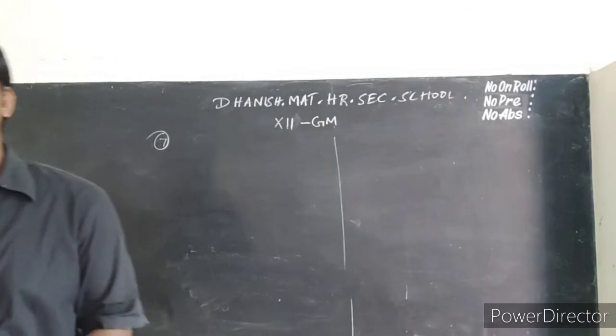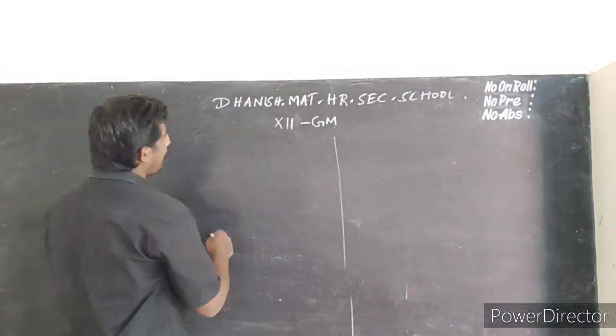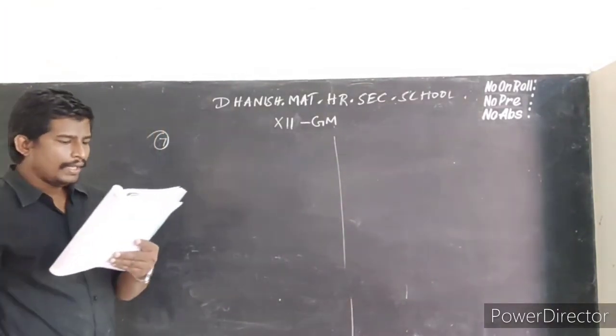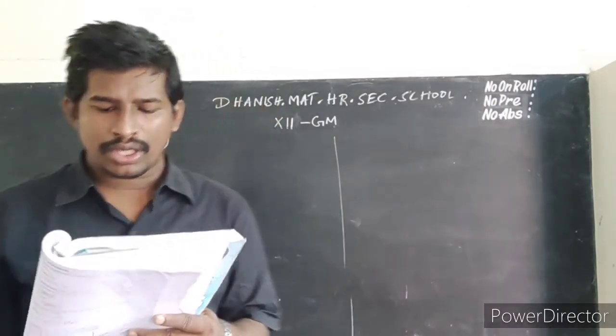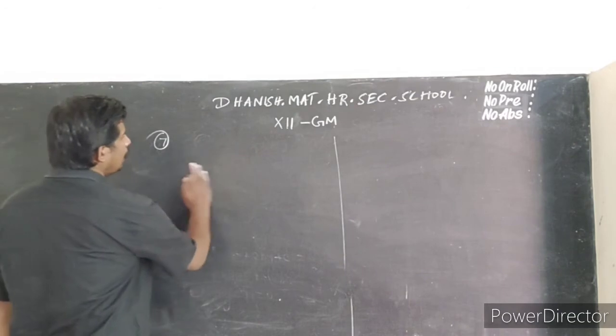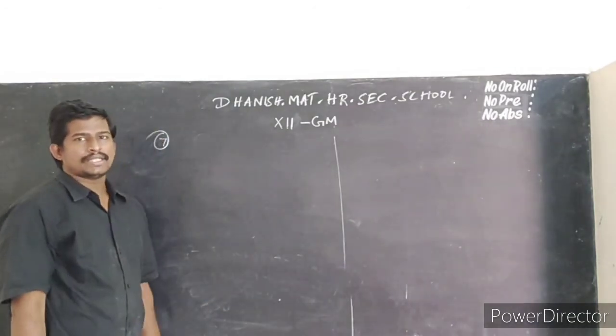Find the equation of the circle. Here our area of the circle is 9 pi and there is one more piece of information, as two of its diameters are along the lines. Here the equations of the diameters are given.